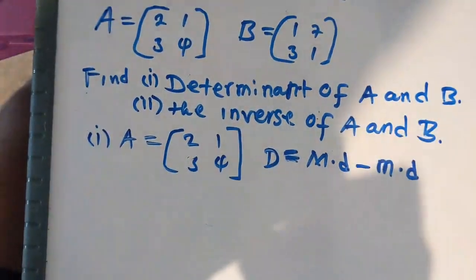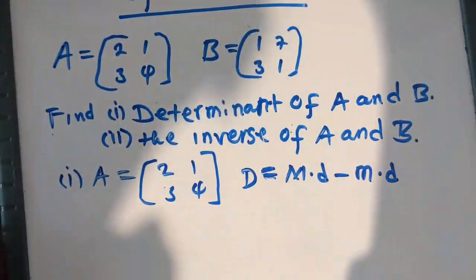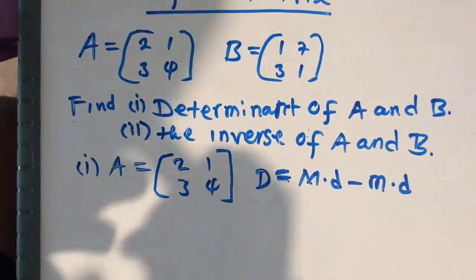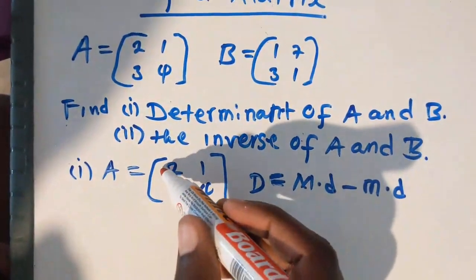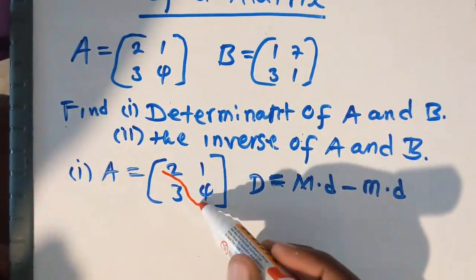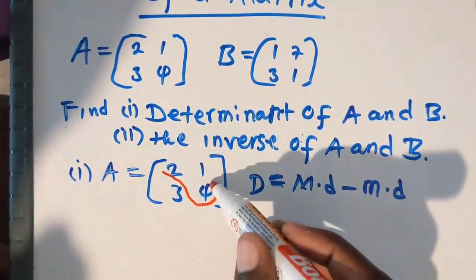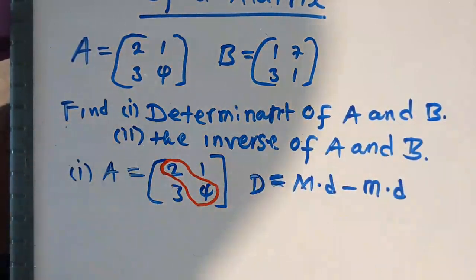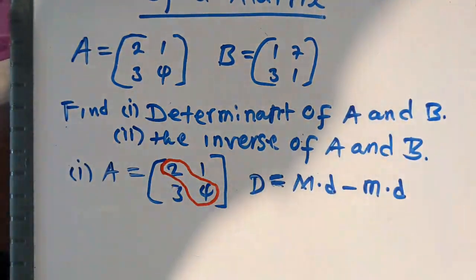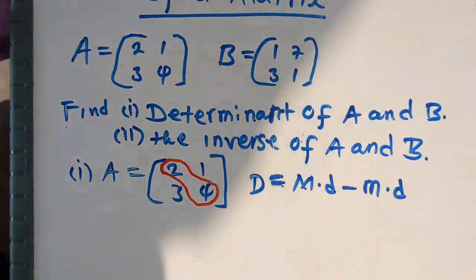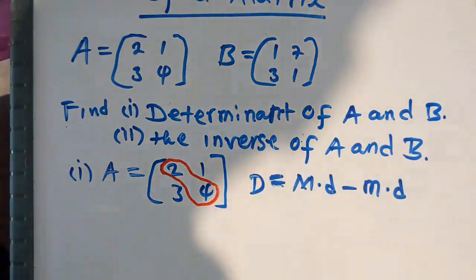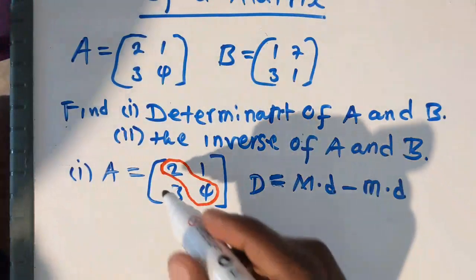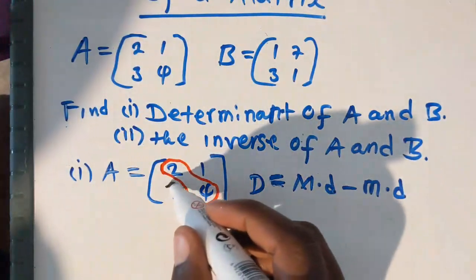Okay, so let me get the other marker. The major diagonal is this diagonal that you are seeing here, the one that I'm going to demarcate with a red marker. So this is the major diagonal. Then the minor diagonal, I'm going to demarcate with a black marker.